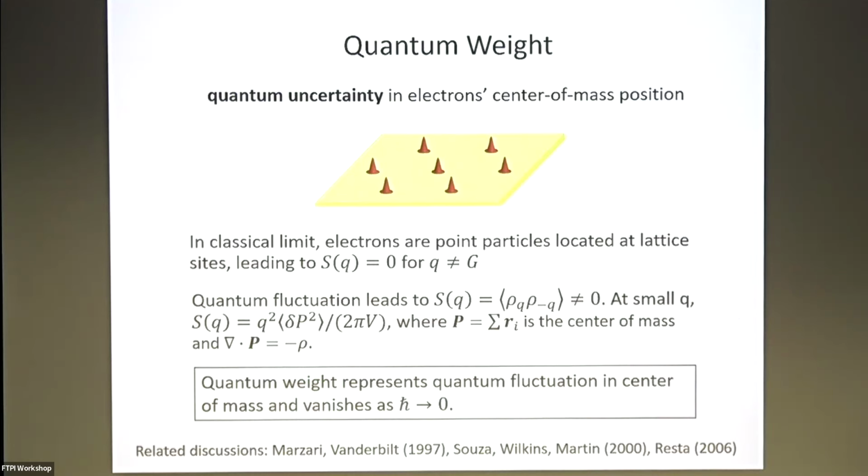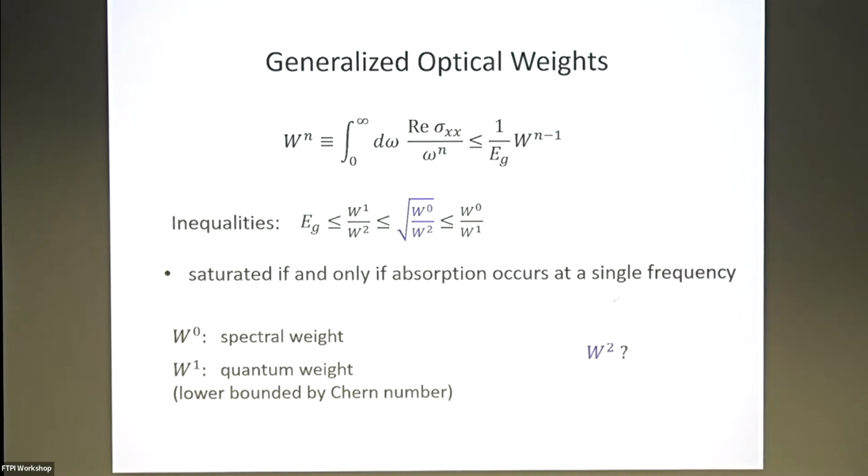This was also discussed in the early days by Vanderbilt and others, mostly for non-interacting systems. But I want to emphasize that the most general way one can define this quantum weight is through the structure factor at small wave vector. So this is generally applicable to all kinds of systems, with and without interactions. Okay, so now let me move on to the second part of this talk.